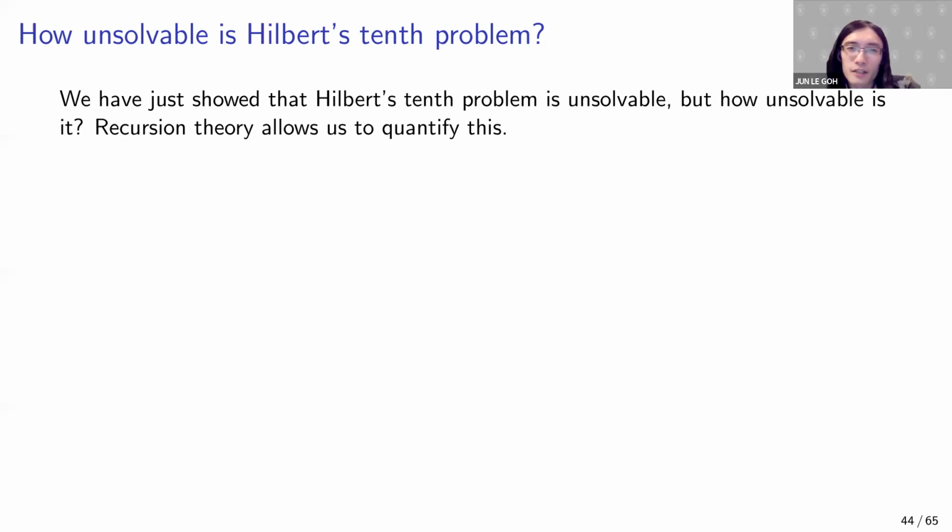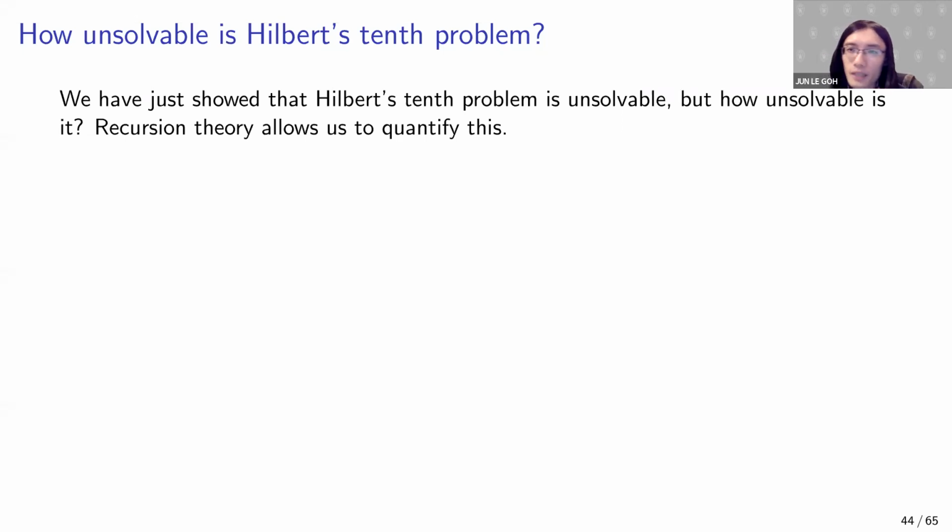Well, in order to apply the tools of recursion theory, we first have to go into the setting of recursion theory, where the basic setting is the set of natural numbers.